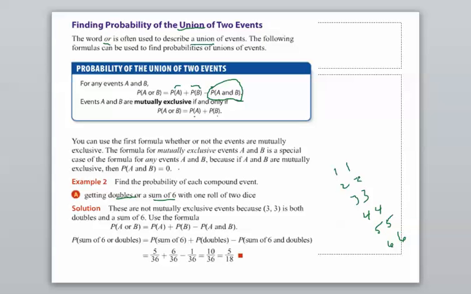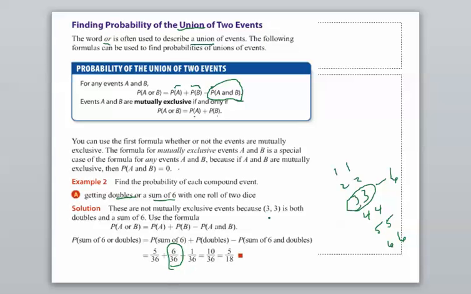These are the different combinations that are doubles. This one is also a sum of 6. So they are not mutually exclusive events. So, how many possible combinations are there with 2 dice? There are 36 possible combinations. So the probability of getting a double is 6 out of 36.